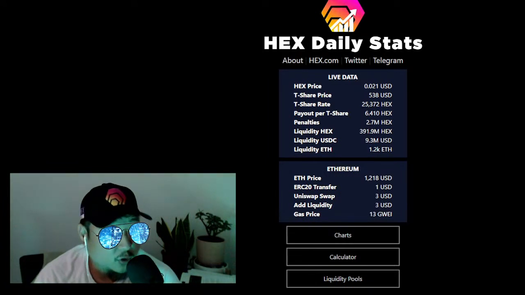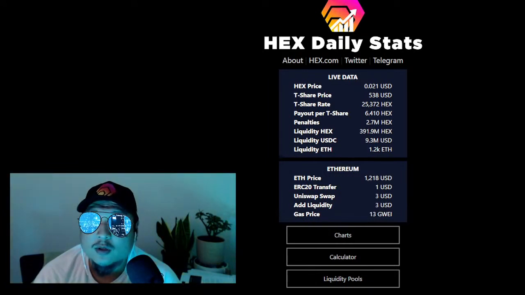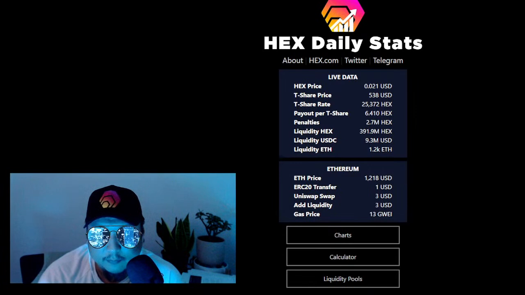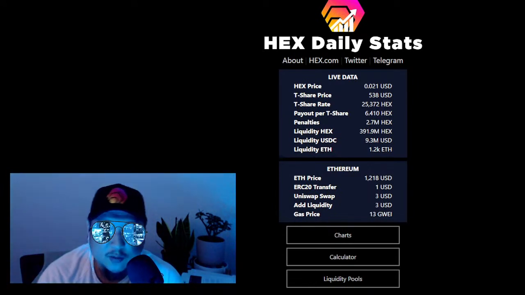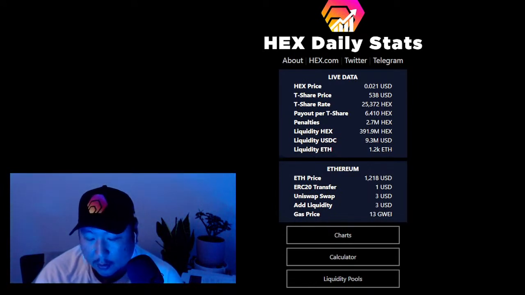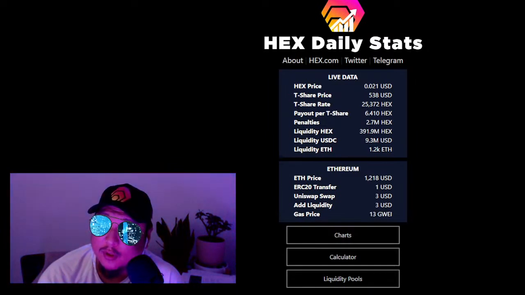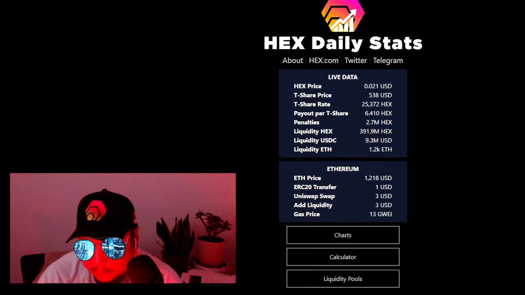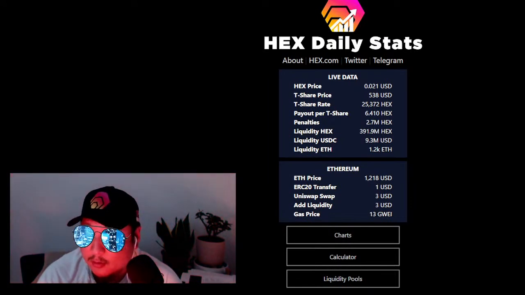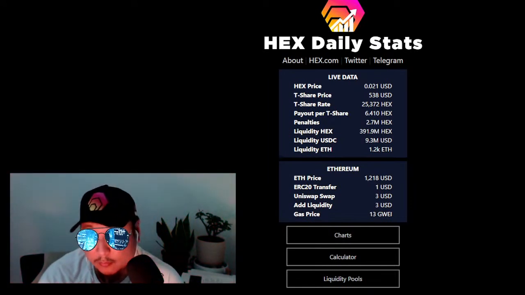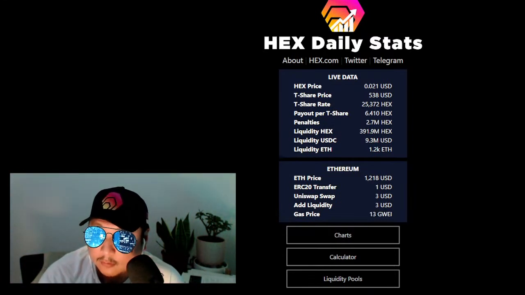That's why I chose that particular image, to relate that to purchasing power, to relate that to the function of the ecosphere, which can inflate through T-shares, through burning HEX, through letting the code calculate accurately on a daily basis.